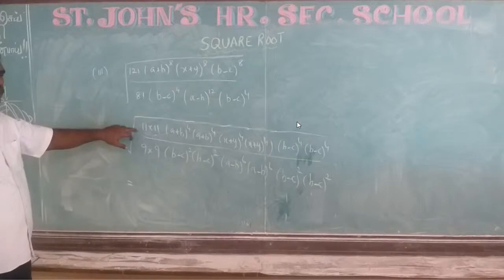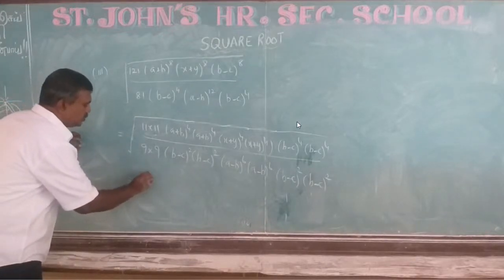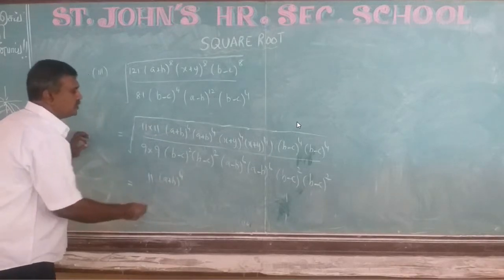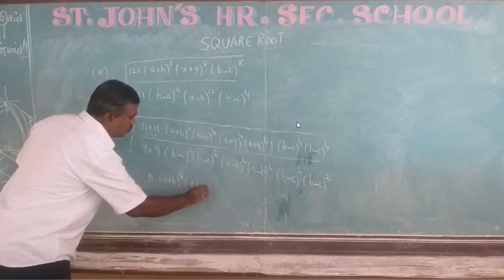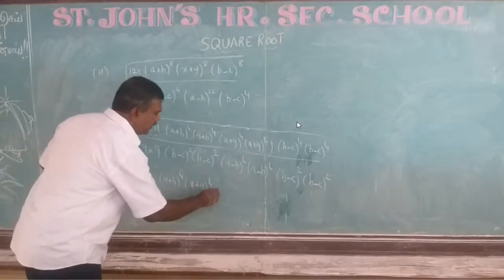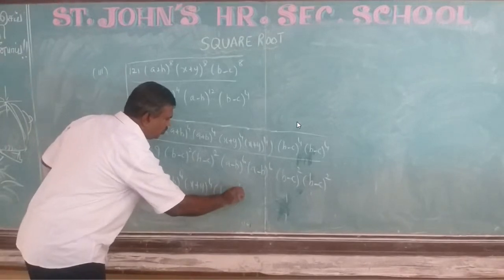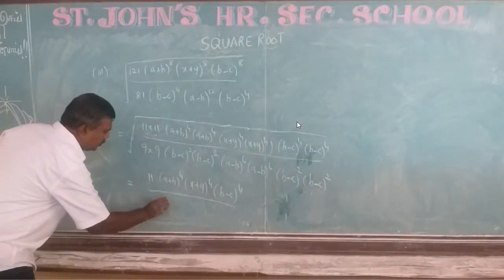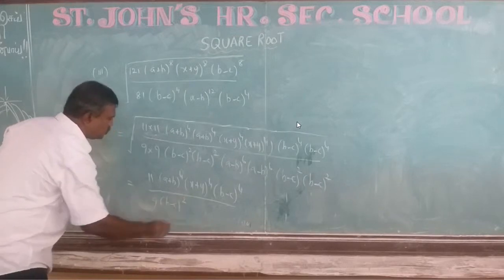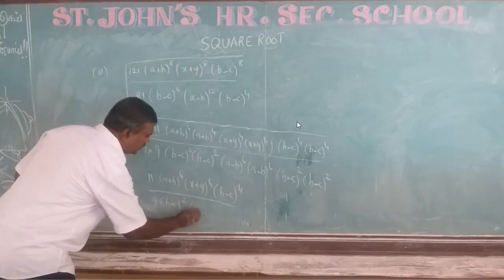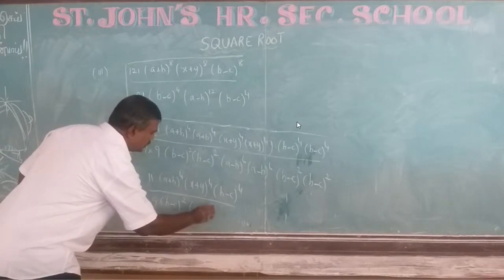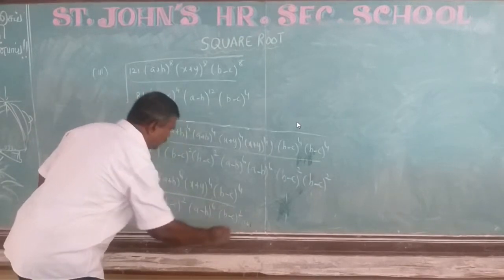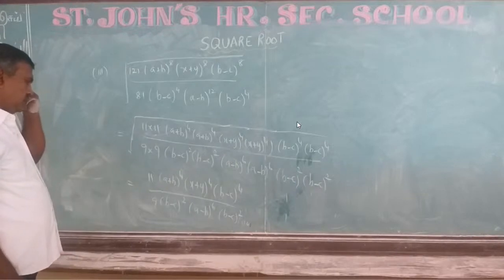That is 11 into a plus b the whole power 4 into x plus y the whole power 4 into b minus c the whole power 4 divided by 9 b minus c the whole square and a minus b the whole power 6 b minus c the whole square. Now we cancel the values.